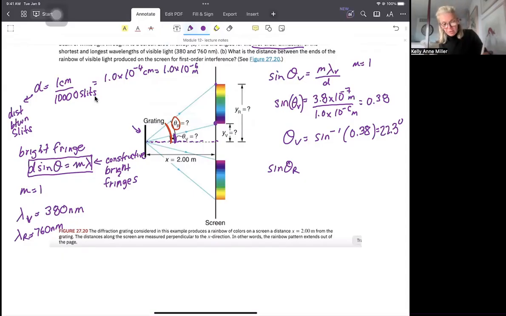Okay, so this equals m equals 1, the wavelength for red divided by d.